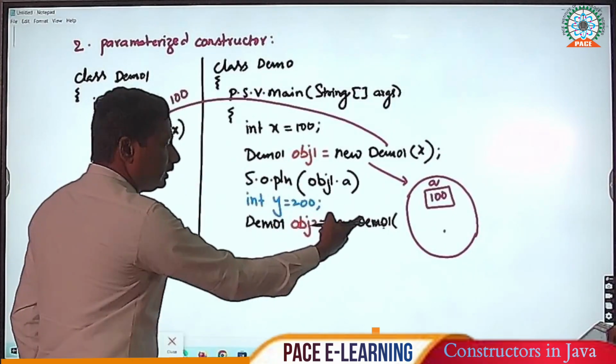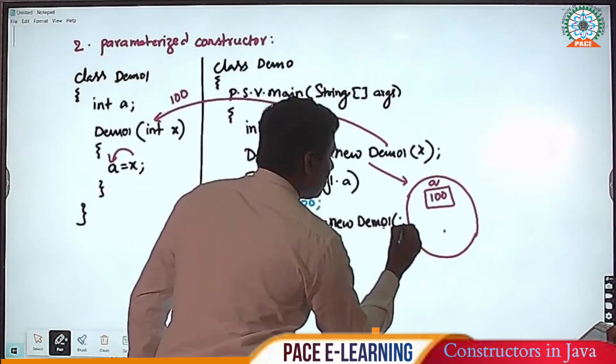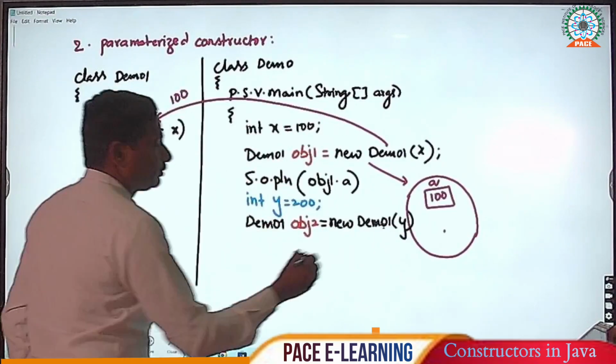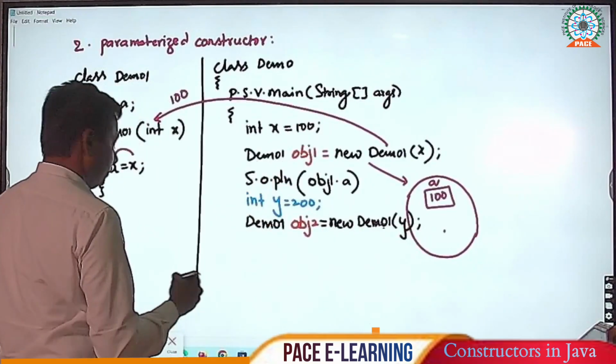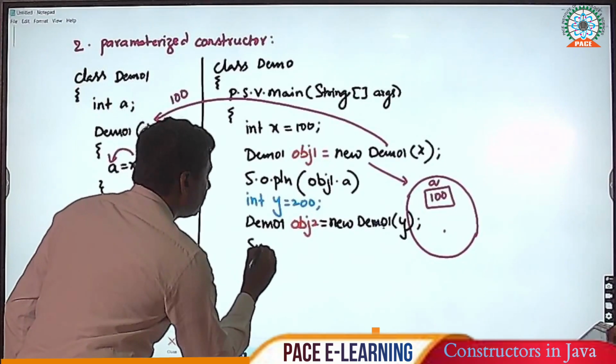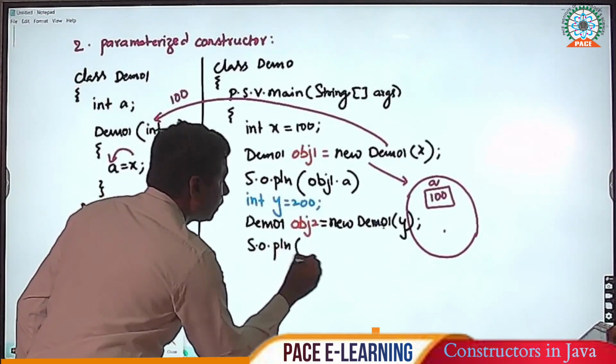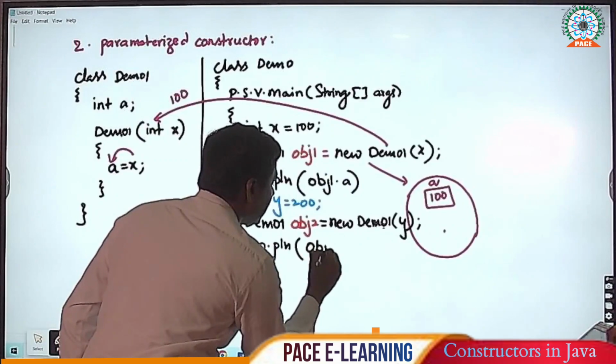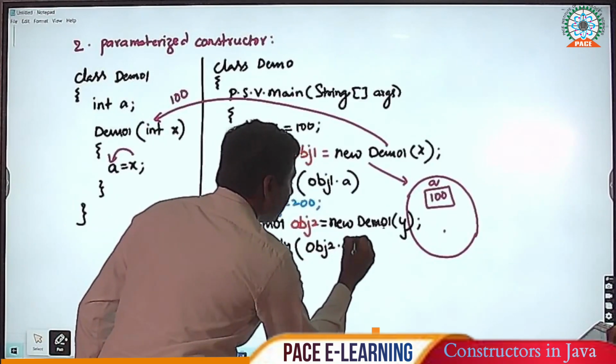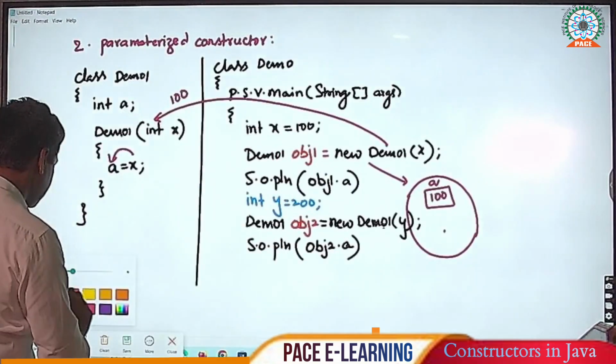When you are calling this constructor, pass this y as an argument. And System.out.println of obj2.a. What is happening here?